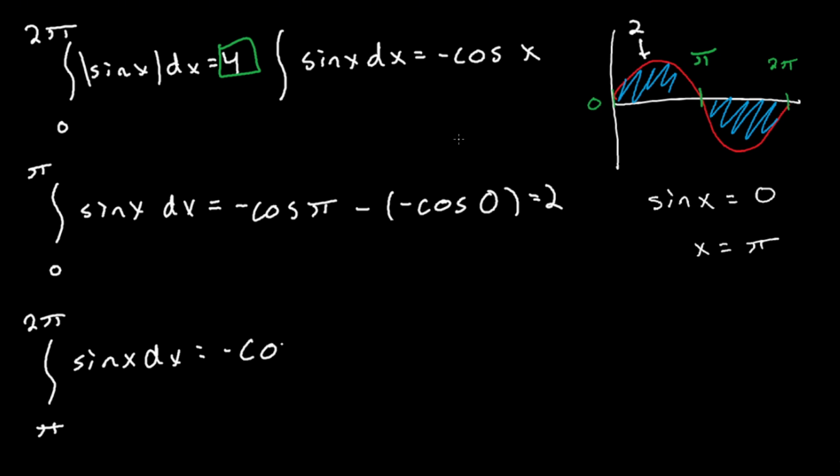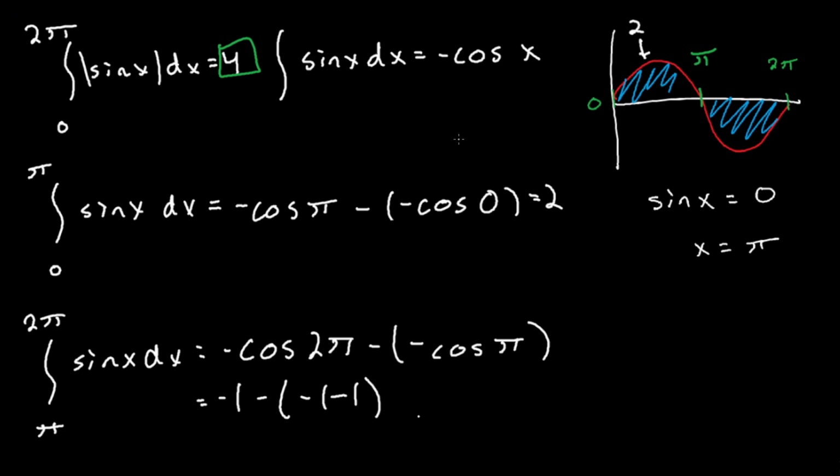So if we plug in negative cosine of 2 pi minus negative cosine of pi, we get negative 1, since the cosine of 2 pi is 1, minus negative 1, since the cosine of pi is negative 1. So this negative cancels out to give us a positive 1, but now it's just negative 1 minus 1, which is equal to negative 2.